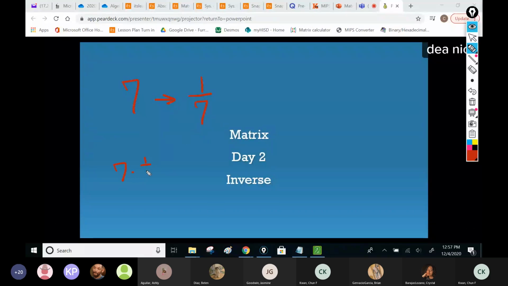When you multiply them together, you will get a 1. That is how you get the inverse of a whole number. It is as simple as putting a 1 over it. But this time, we're trying to find the inverse of a matrix, and this is slightly different.